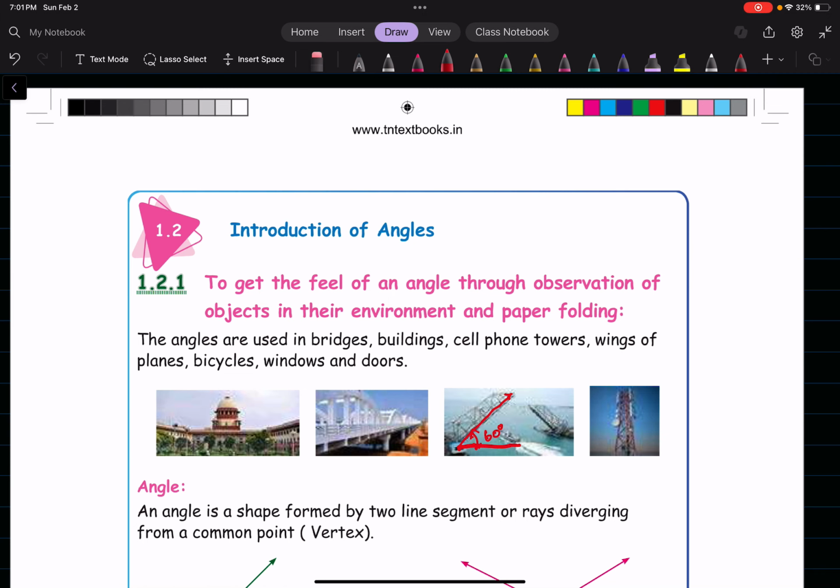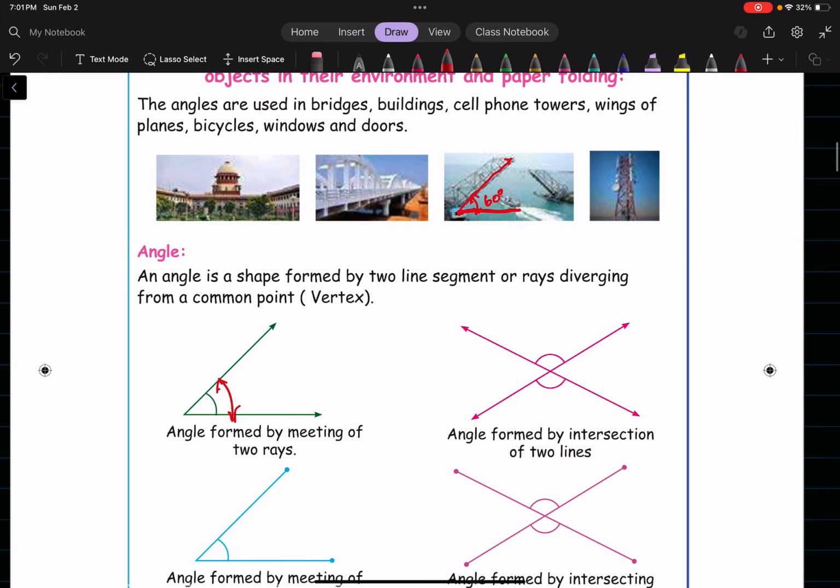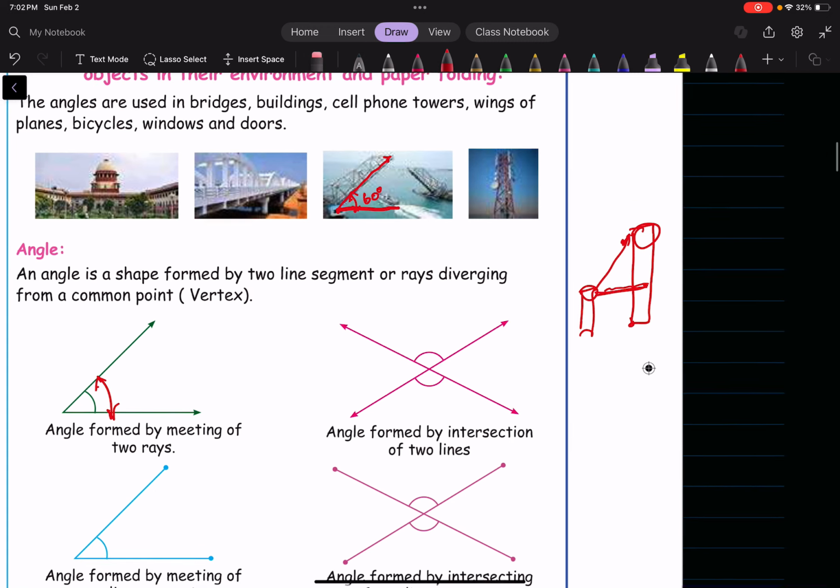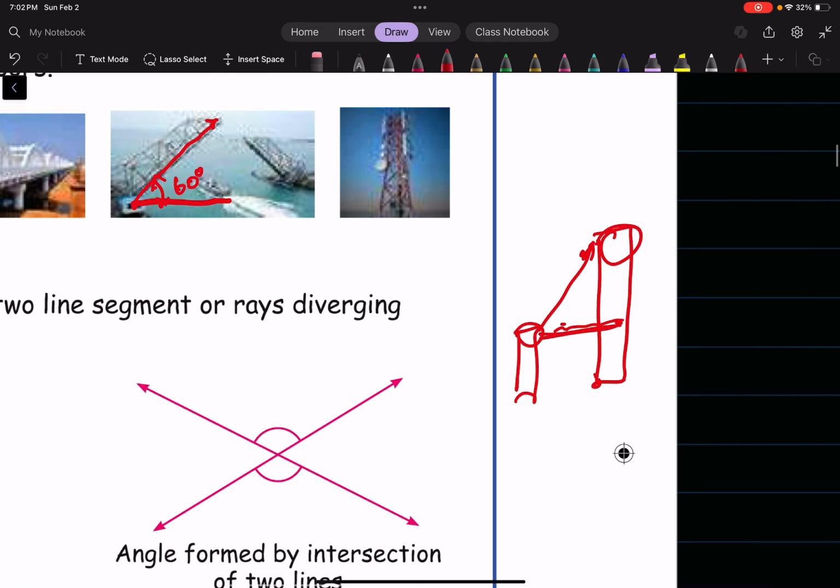Let us assume you're here, and there is someone elderly, and you're looking at that particular person. This is the angle that we are talking about. Let us assume this to be 45 degrees. It can be.